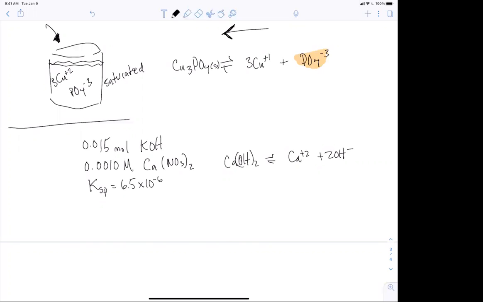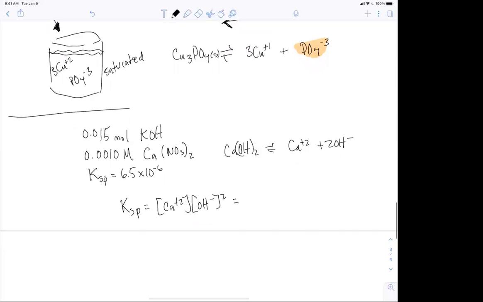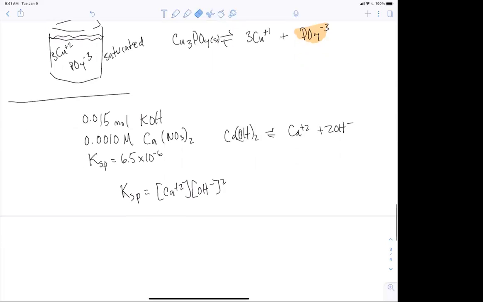Let's see, I think all you're doing here is trying to figure out what happens. So what you do is you look at the KSP. Our KSP here is 6.5 times 10 to the minus 6.